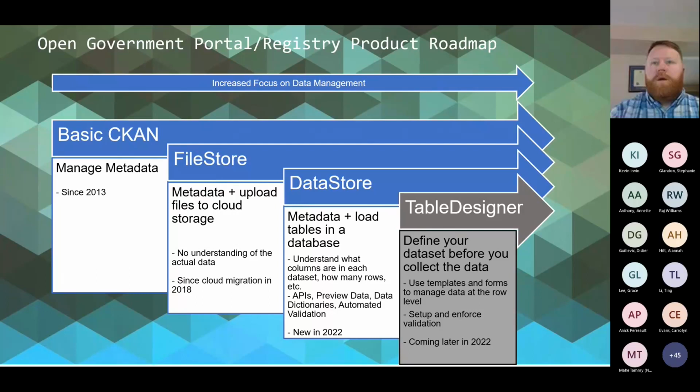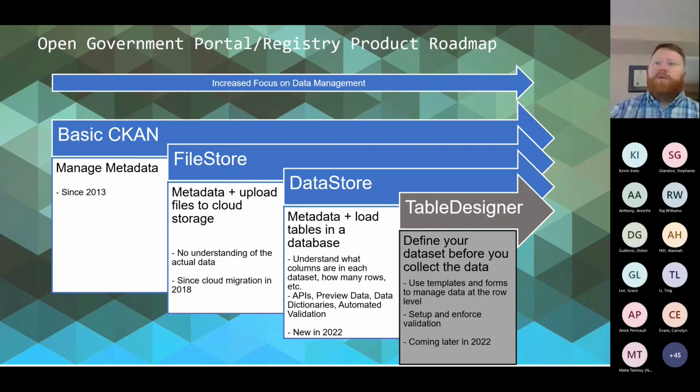This unlocks a bunch of new functionality, such as being able to query the data using an API, as opposed to just being able to query the metadata, the data about the data, in the past. Now you can actually query the data itself.